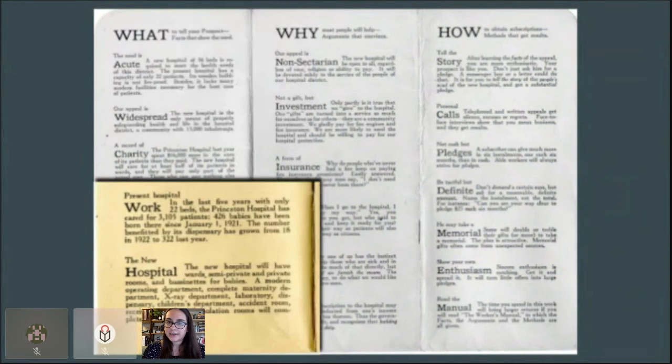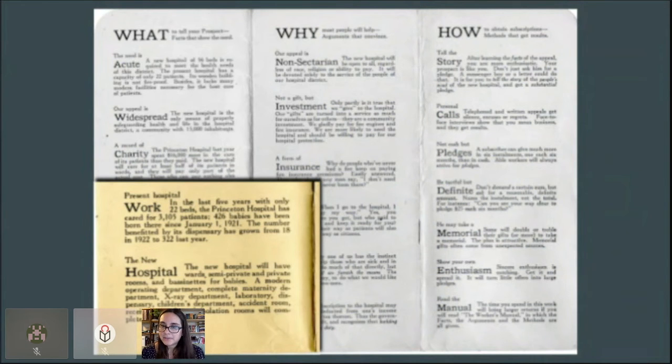And down here, it talks a little bit more about the present hospital. In the last 5 years, with only 22 beds, the Princeton Hospital has cared for 3,105 patients. 426 babies have been born there since January 1st, 1921. The number benefited by its dispensary has grown from 18 in 1922 to 322 last year.